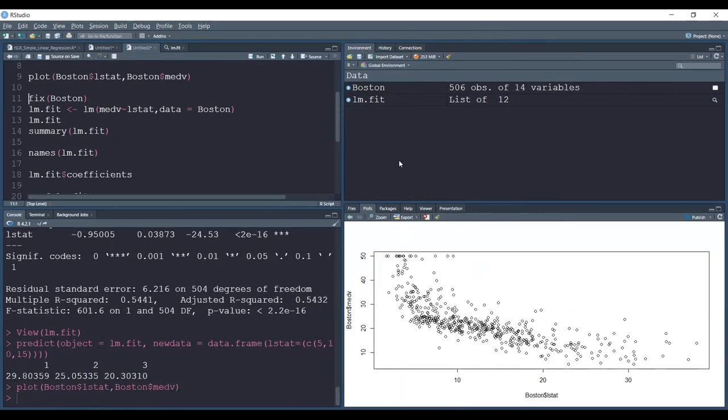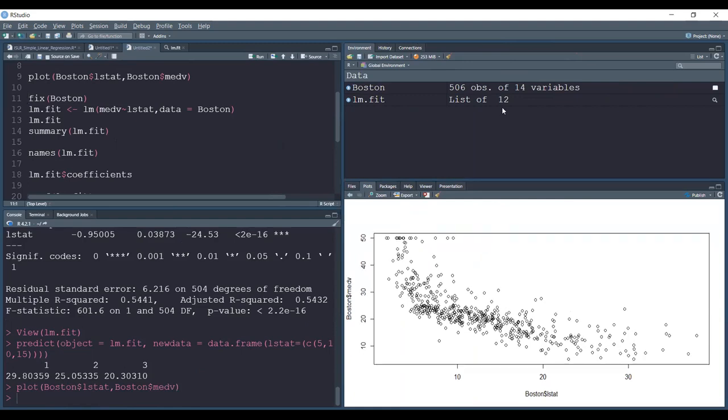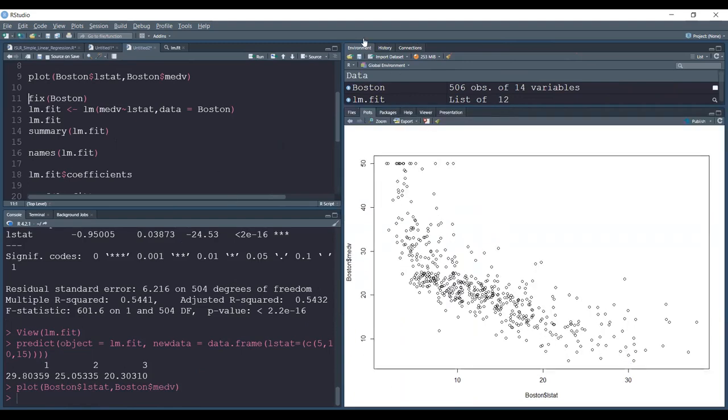What we're saying is that the model, being simple linear regression, if LStat is 5, I guess this means that it might be something like only 5% of the population in this specific region in Boston is below the poverty line, which is why we're seeing this sort of negative relationship.